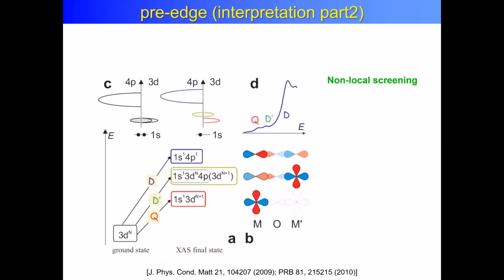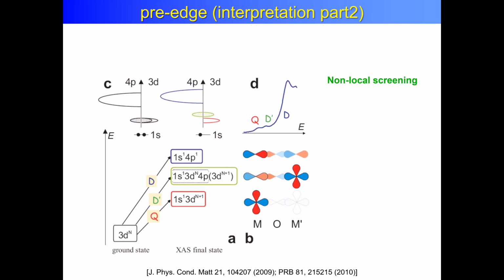This is first the idea of what's happening in the ground state of a transition metal oxide, indicated on the left in black. So you have the D states, which are partly occupied, and you have your 4P states, which are empty, and you have your 1s state, which is occupied. Then in X-ray absorption, you excite a 1s electron, and then you have 3 options indicated on the right.